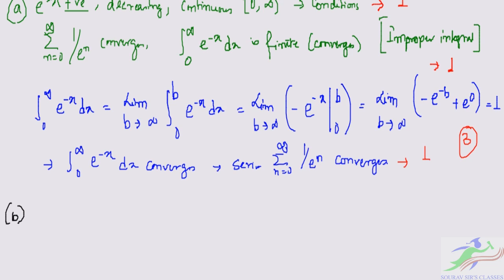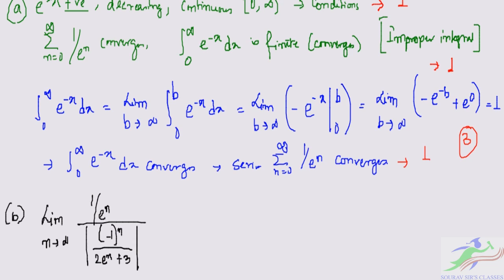Now set up the limit comparison. Limit n tends to infinity of 1 by e to the power n divided by the absolute value of minus 1 to the power n by 2 e to the power n plus 3.